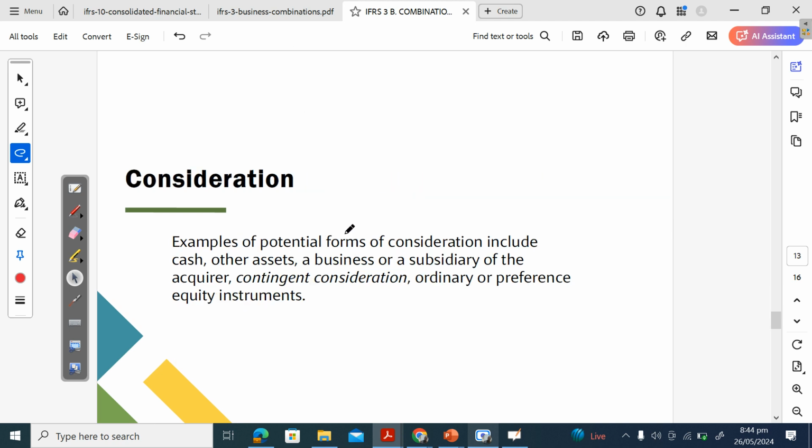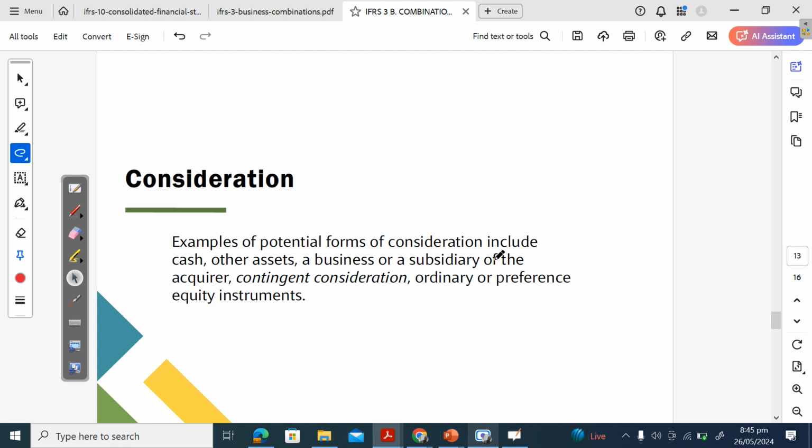Okay, let's look at consideration. Consideration basically is the amount that is transferred to the subsidiary or to the shareholders of the subsidiary as payment for the interest that the parent has acquired.